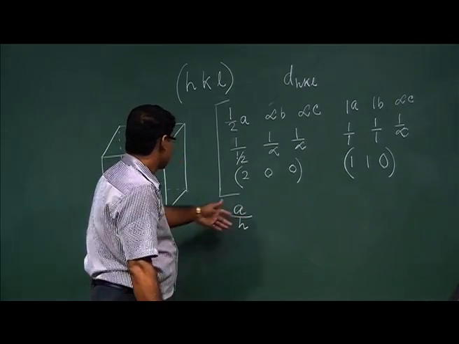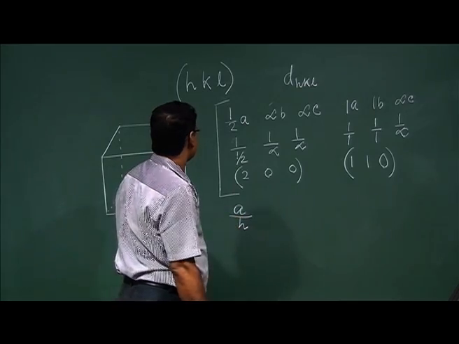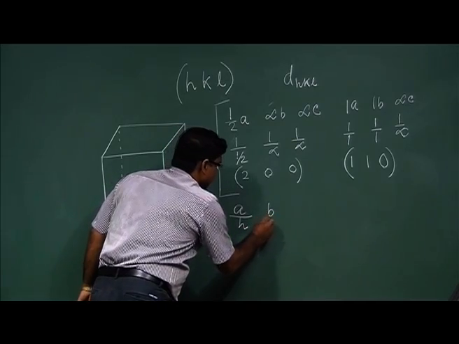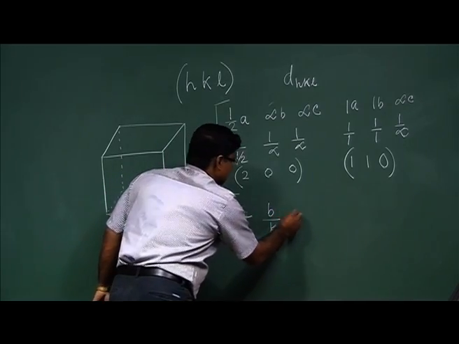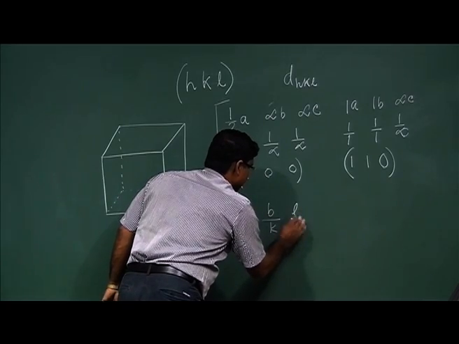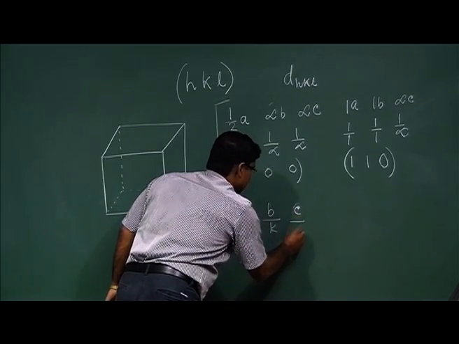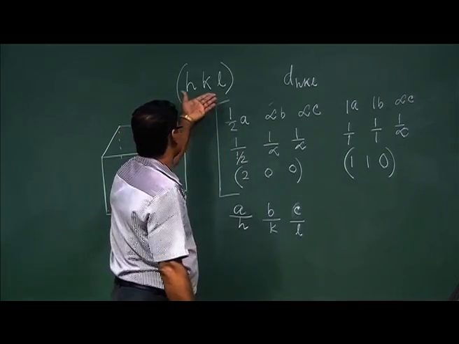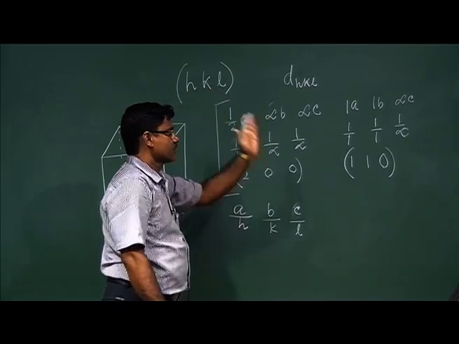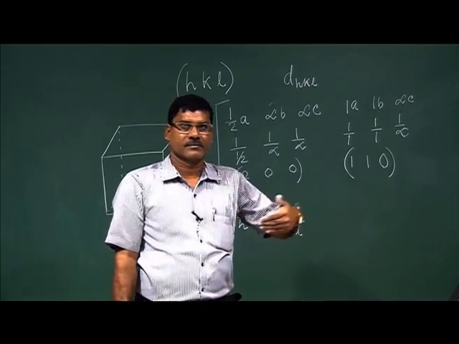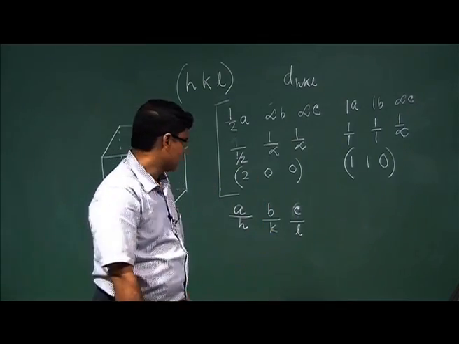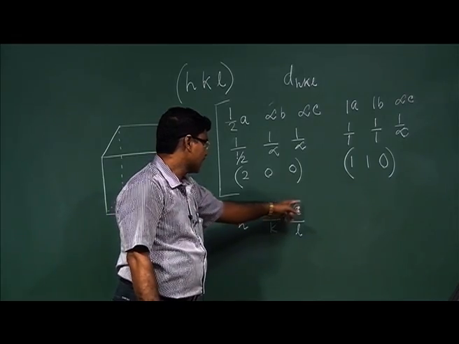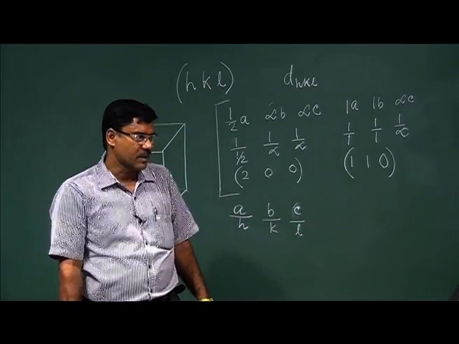Thus it intersects the a axis at a by h, the b axis at b by k, and the c axis at c by l. So this HKL plane intersects the a axis, b axis, and c axis at a by h, b by k, and c by l distance from the origin.